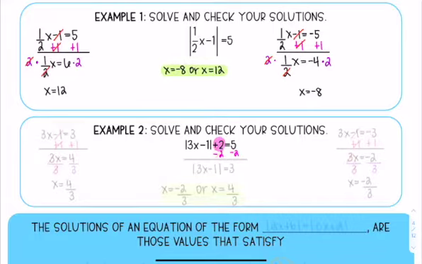And then we'll just do the same procedure that we had for example number 1. And so on the left-hand side, our 2's are going to cancel. And what we really end up with is the absolute value of 3x minus 1 equals 3.